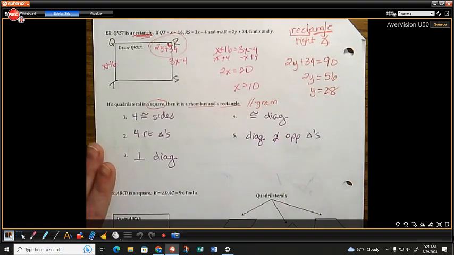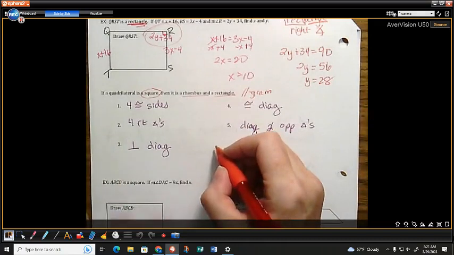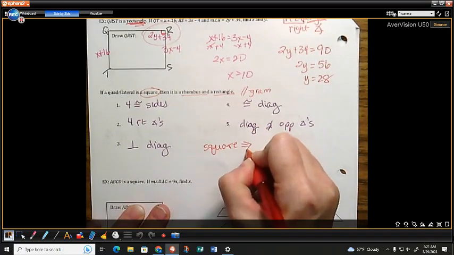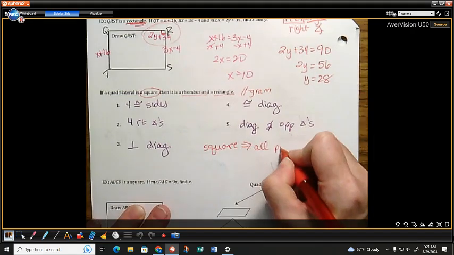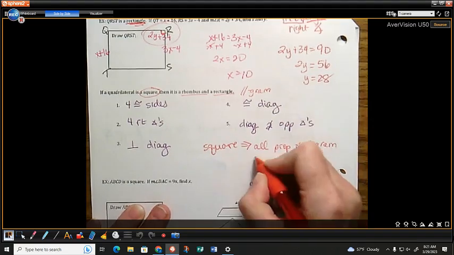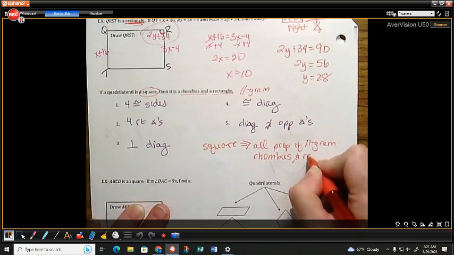Let's just make one implied statement that covers all of it. And so your implied statement sheet actually has this: a square implies that you have all the properties of a parallelogram, a rhombus, and a rectangle.